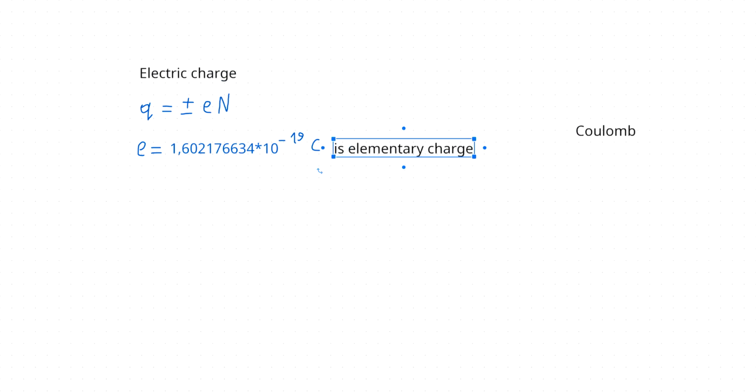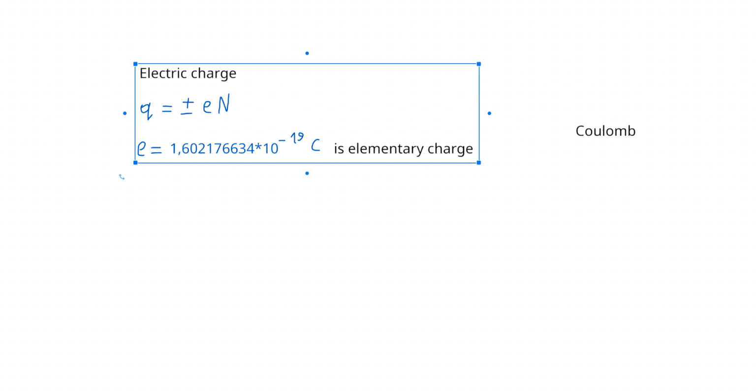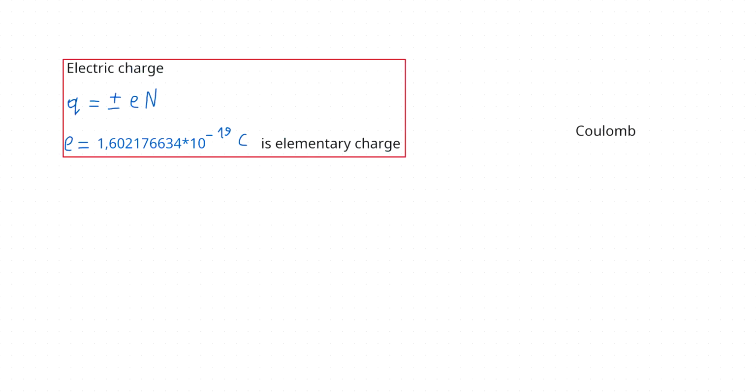And what is necessary to say? In a closed system, electric charge is constant. A closed system is a system that cannot exchange electric charges with its environment.